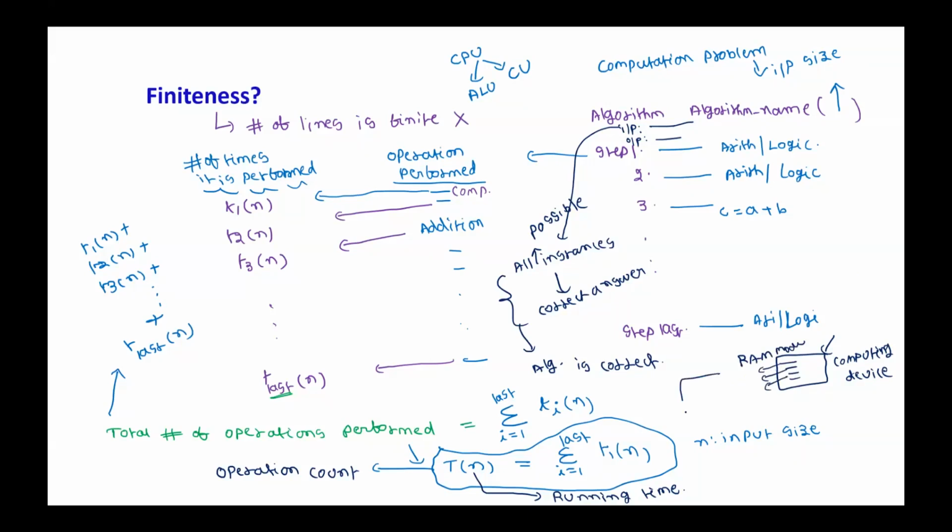For any specific device, they give a manual saying what time each operation takes. If the first operation takes C1 amount of time, the second C2, the third C3, and the last C_last, then the exact time is roughly the sum over i equal to 1 to last of Ci times Ti(n). But these C values vary from one computer to another, even though they are all RAM model of computation.